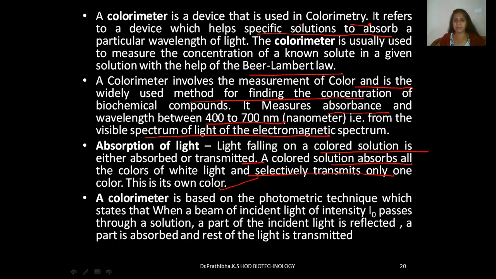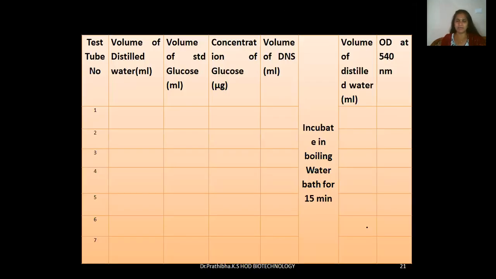A colorimeter is based on the photometric technique, which states that when a beam of incident light of intensity passes through a solution, a part of the incident light is reflected, a part is absorbed, and the rest of the light is transmitted. Then we are able to get the optical density of that particular color, whatever has developed in the test tube.